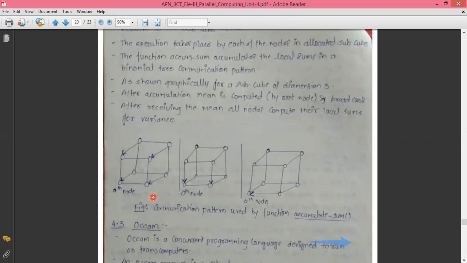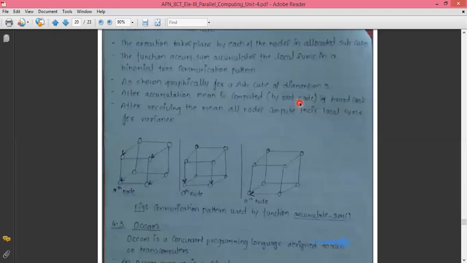So graphically, the subcube has a dimension of 3. Why is it 3? Because the total number of nodes is 8, and in 2 raised to the power n, we have to replace and calculate the value of n. 2 raised to the power 3 is 8. That is why the dimension of this particular cube is 3.